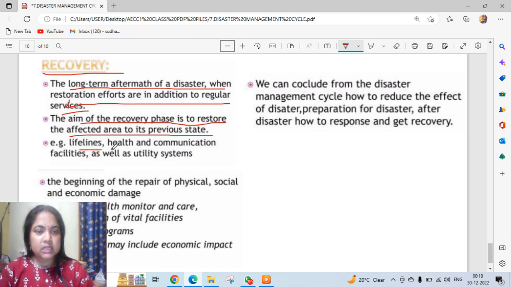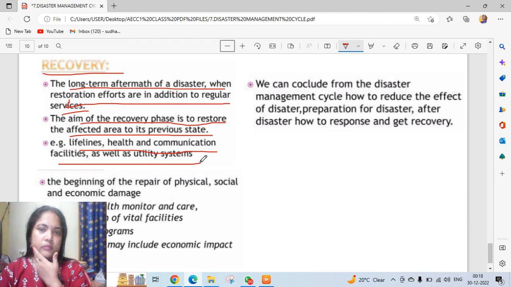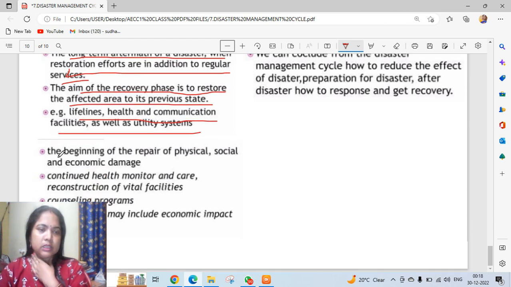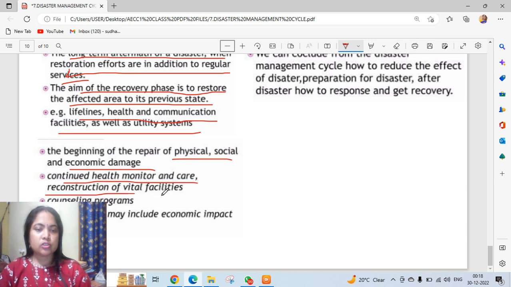The lifelines, health and communication facilities as well as utility systems. Then the beginning of the repair of physical, social and economic damages. Then continued health monitoring and care, reconstruction of vital facilities, then counseling programs, grants, and it may include economic impact studies.